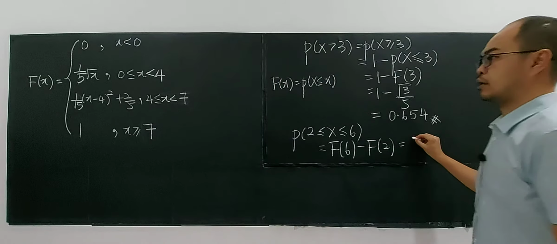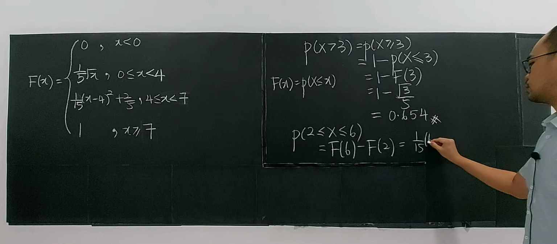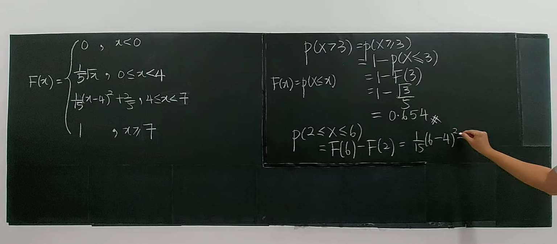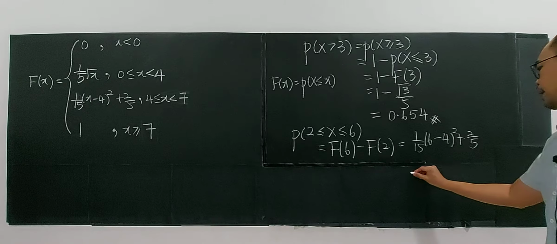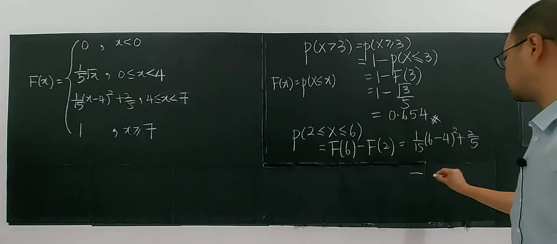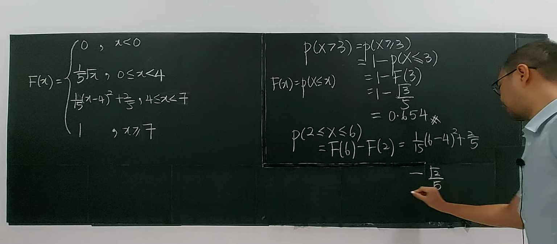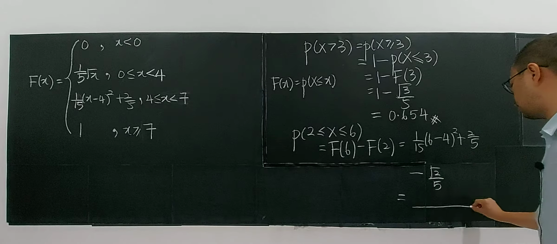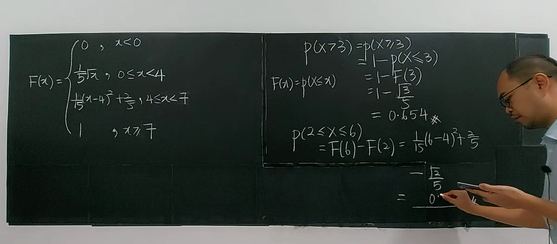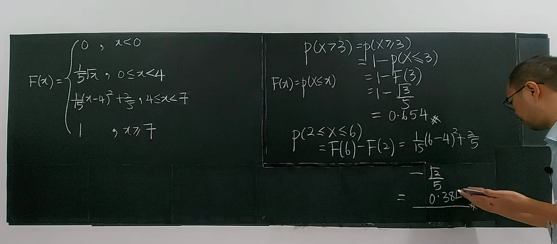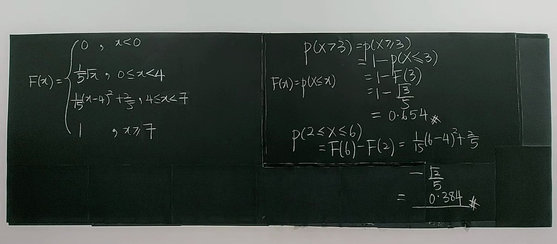So you have 1/15 times (6 minus 4) squared, plus 2/5, and minus F(2), where we substitute the square root of 2 over 5. If you use a calculator to evaluate this, you get your required probability, which in 3 significant figures is 0.384.